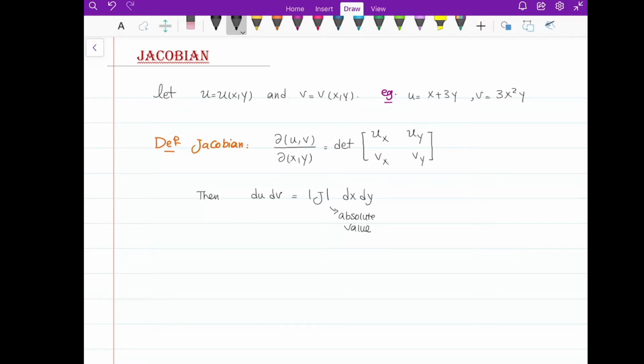So I can say that the partial derivative of u and v with respect to x and y, the absolute value of the Jacobian, and then dx dy.